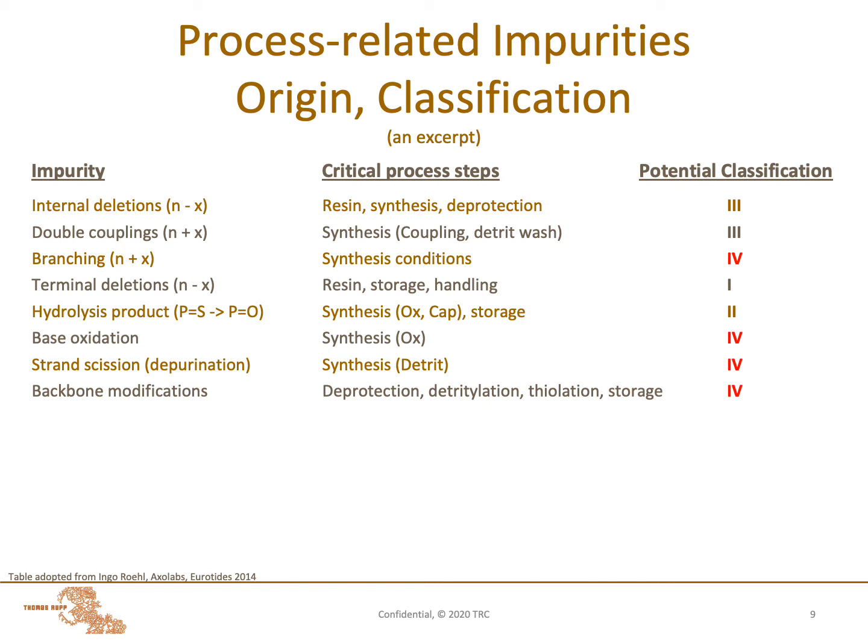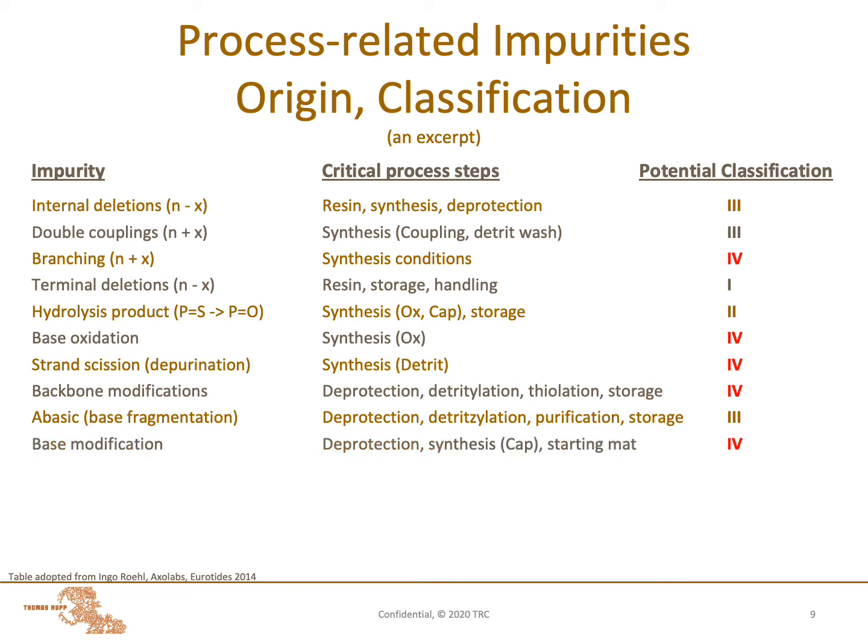These are class 4 modifications, of course. Abasic base fragmentation happens during deprotection, detritylation, purification, and storage. Base fragmentation can be classified as class 3. Base modifications, deprotection again, synthesis during the capping, starting material impurities. These are classified as class 4.